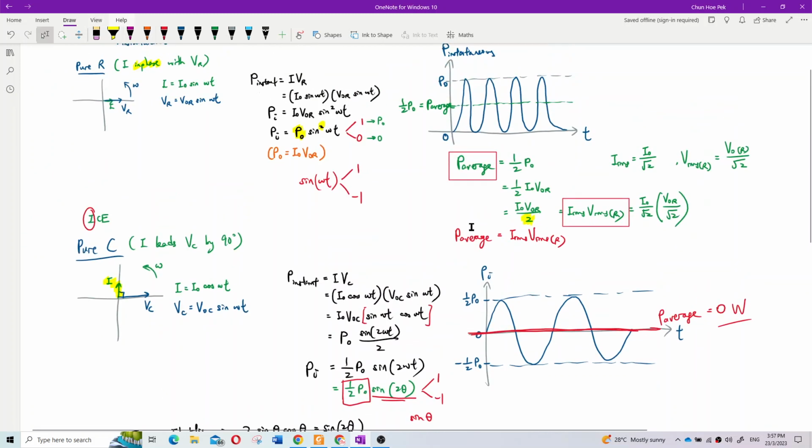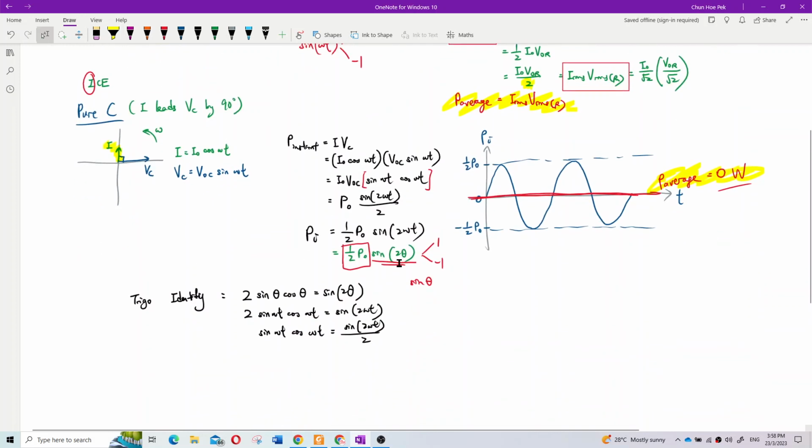I just want to highlight this: for resistor you have average power, but for capacitor the average power is 0. Remember the middle line. The resistor's middle line is over here, but for capacitor it is 0.